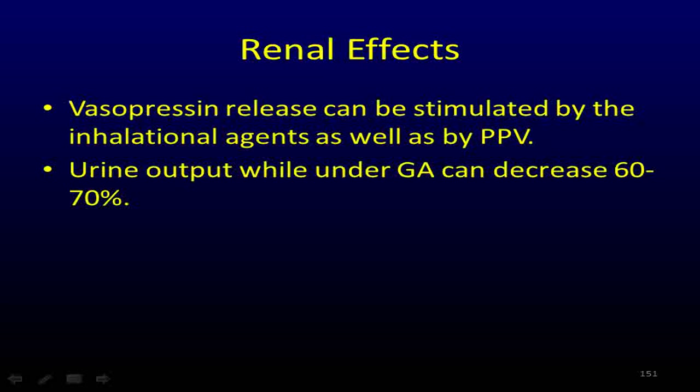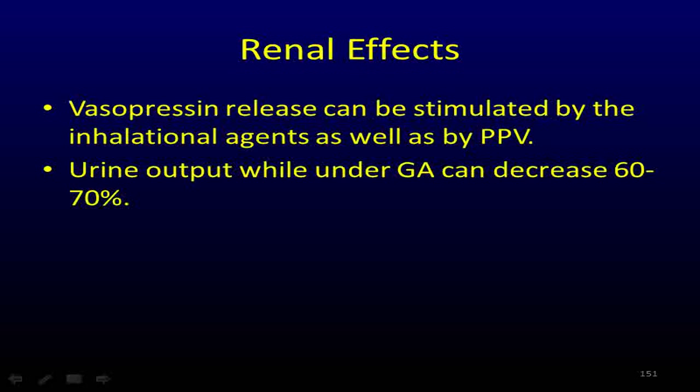But here, for some reason, it seems to go up, the vasopressin release. How could that be? Baroreceptors. Sure, that could be part of it. What else could be part of it? So pressure changes. Yeah, we got the baroreceptor. But what are you doing with the positive pressure ventilation?